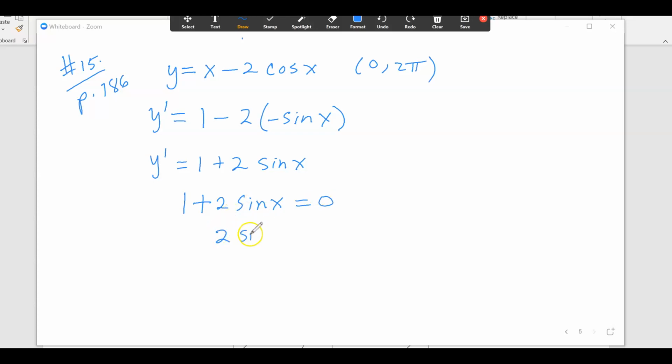I get 2 sine of x equals negative 1. The sine of x is equal to negative 1/2. Any questions so far? Okay. So, the question is, where is the sine of x equal to negative 1/2?